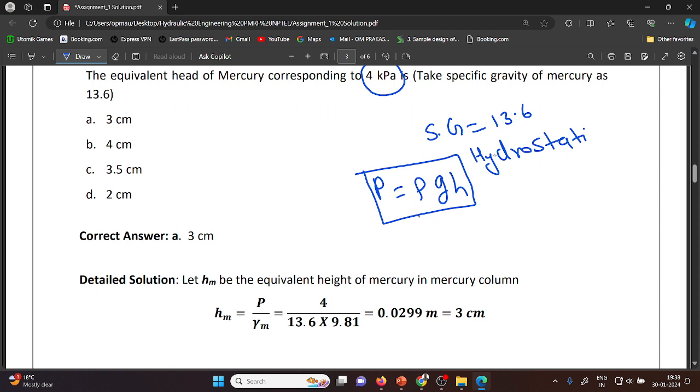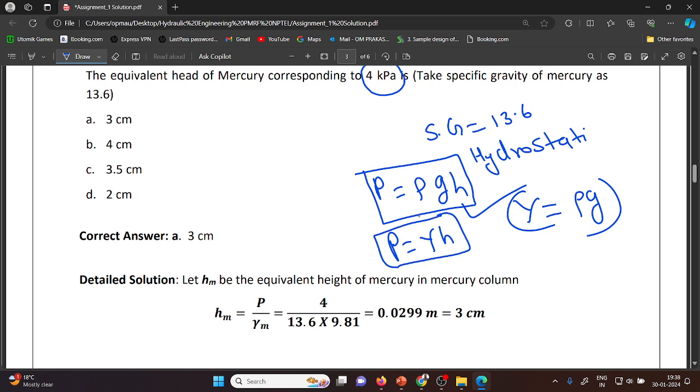Just try to understand, in case of hydrostatic, your pressure distribution is like that, rho gh, right? And what is rho g? Rho g is nothing but your unit weight, right? That's why here the pressure is equal to gamma h. Got it? So P equals gamma H.